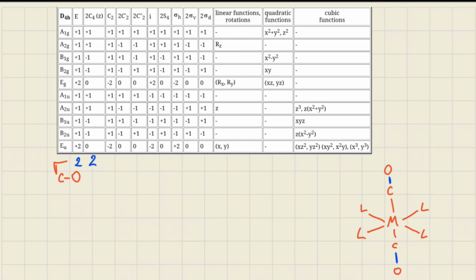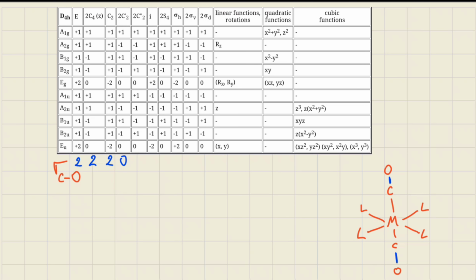We have a C2. C2 is again from the top, so the bonds will be in the same position. However, if we apply C2 prime, and the C2 prime is from here, then this bond will go here and this bond will go here. Bond positions changed, so it is 0.